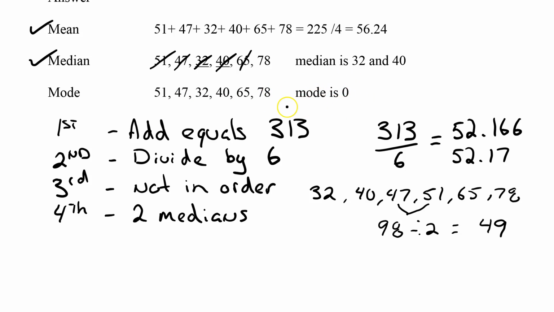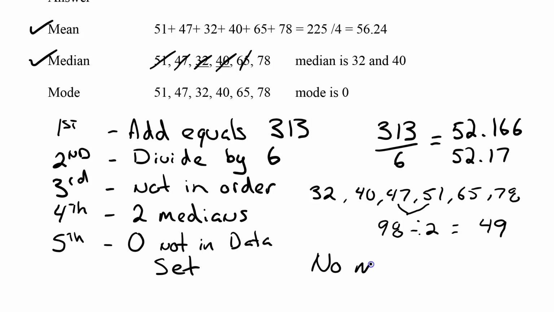What we do here, if we see each number appearing the same amount of times, is we say there is no mode. So our fifth error, 0 not in data set.